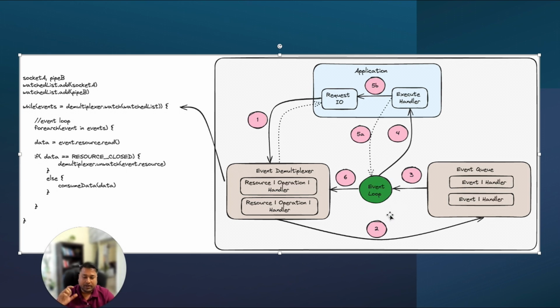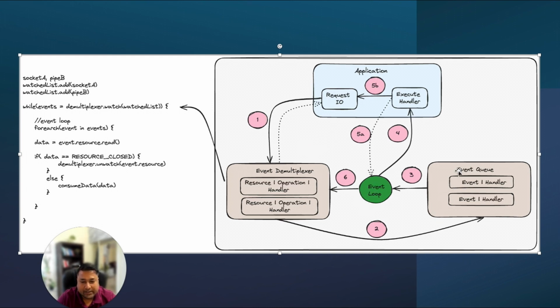The event loop will not itself directly invoke all the system work. It tries to take the most out of your operating system, and it passes the network call to your operating system, and when the operating system responds, the response event comes back, and it will execute that using its handler, which is created by the demultiplexer. So if you see this event loop, it's not waiting for anything.